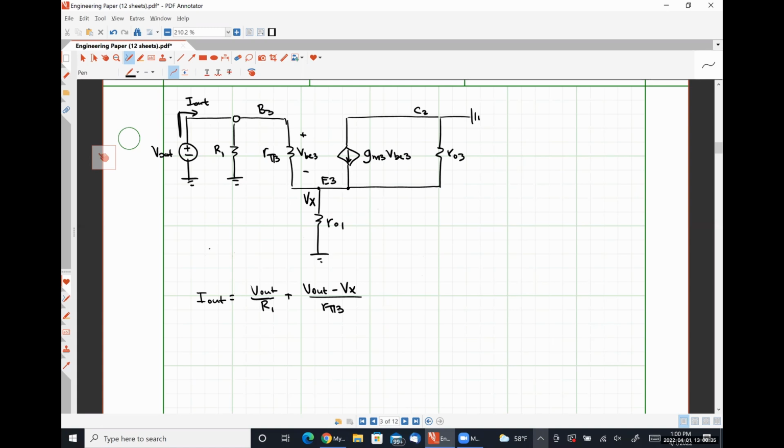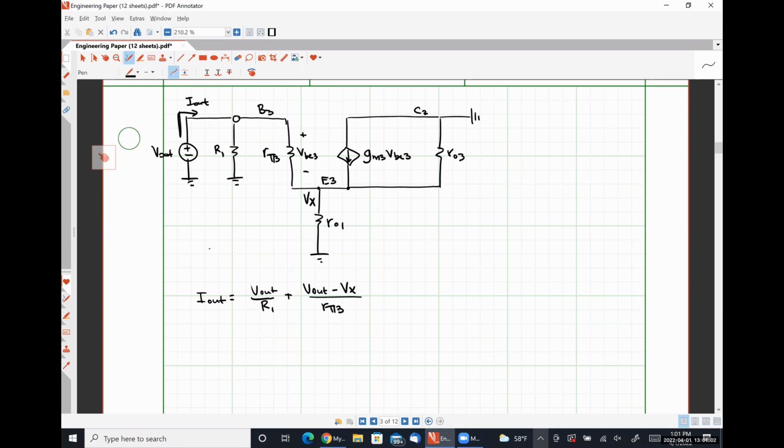Yes, so V out minus Vx is absolutely equal to VBE3. All right, so R01 is in parallel with R03. You're absolutely correct there.